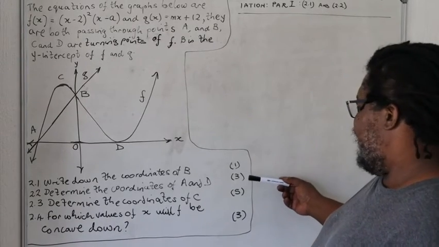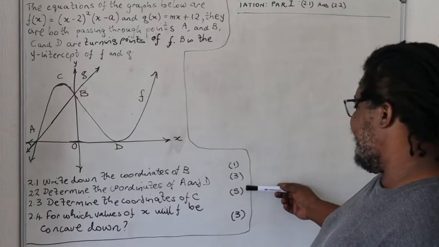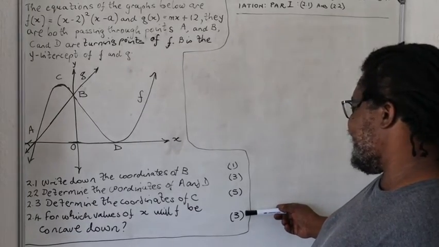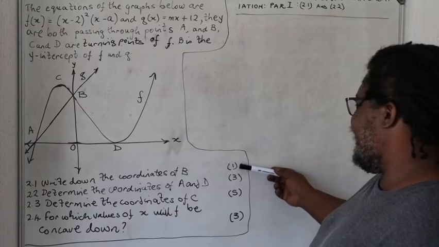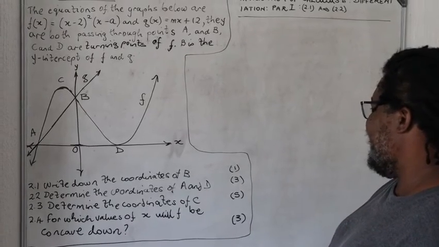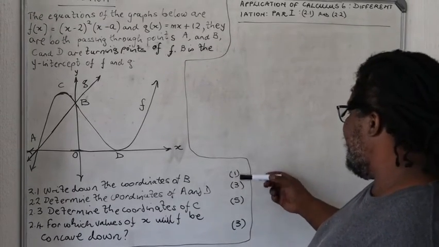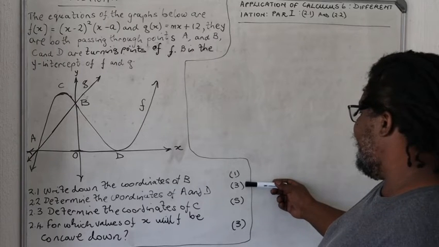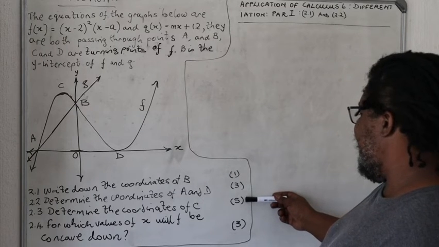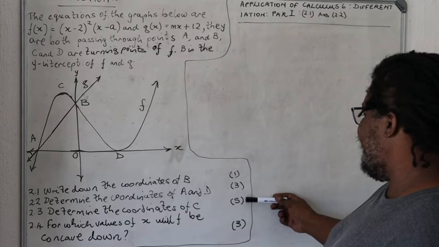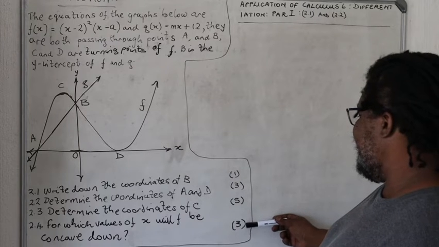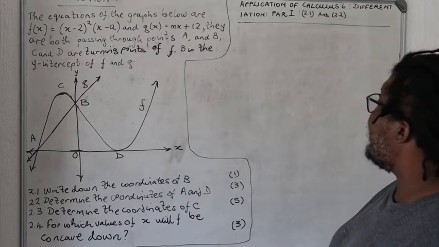So the mark distribution is, for the third it's 5 marks, the last is 3, the second is 3, and the first is 1, which means it should be pretty easy to do that, a little bit more challenging for that, and quite challenging for the 5-mark question, and then reasonably challenging for the last one.